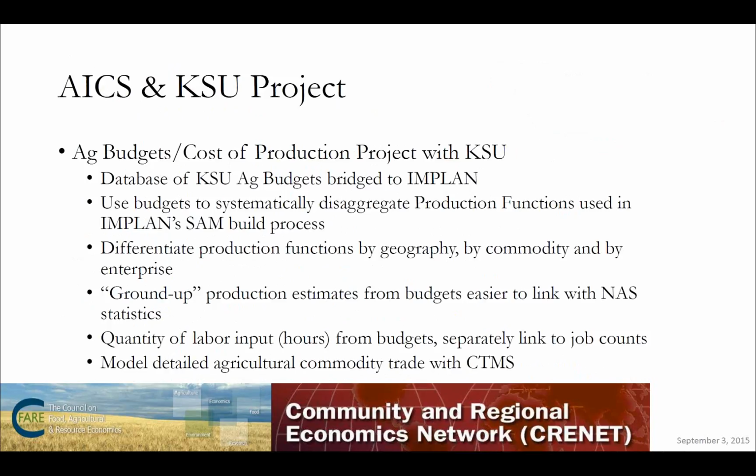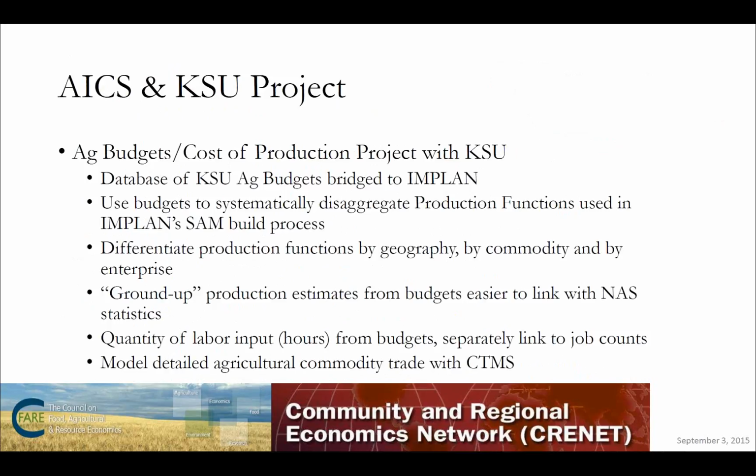I think the biggest advantage, though, is that we can glean the quantity of labor input from the budgets in terms of, say, hours, and then separately build a relationship between the labor input and counts of jobs. There's a big gap there in the quality of the information.